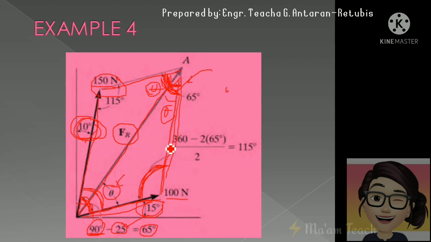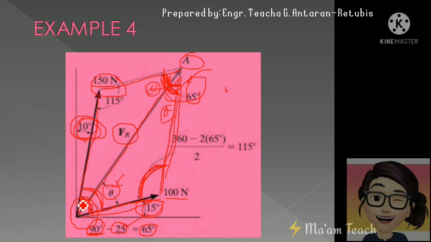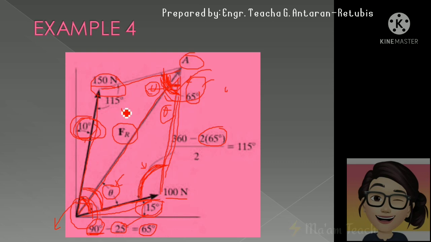So since this part right here of the parallelogram is 65, and the other side is also 65, it's because, class, they are just equal here. This side here at point A and this side here are equal, so that means this is 65 also. So we have here 2 times 65.